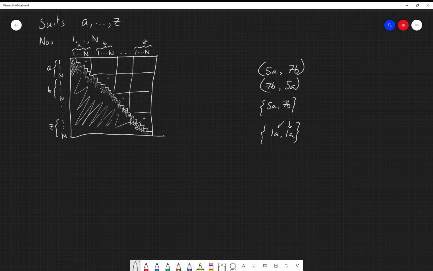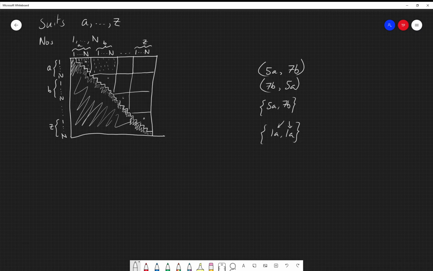And because of the way we've constructed the grid, for each cell in this grid, there's one way of doing it. So there's one way of getting 1A, 2A, there's one way of getting 1A, 3A, and so on. For every single one of these, there's just one combination that would get you that hand. So we can just consider that they're all ones.